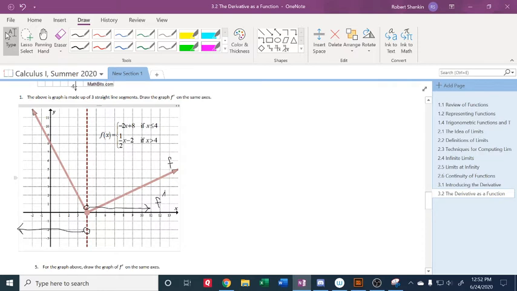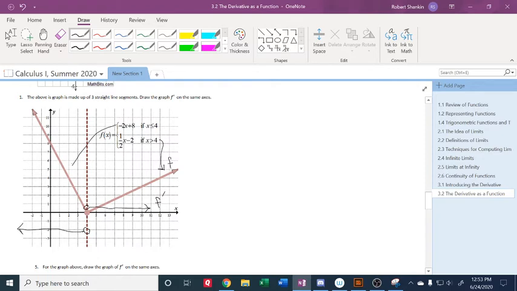So on the left-hand side of 4, would that also correspond to the line f and then the derivative f prime? Yes, yes. The function f, that equation is that part of f.